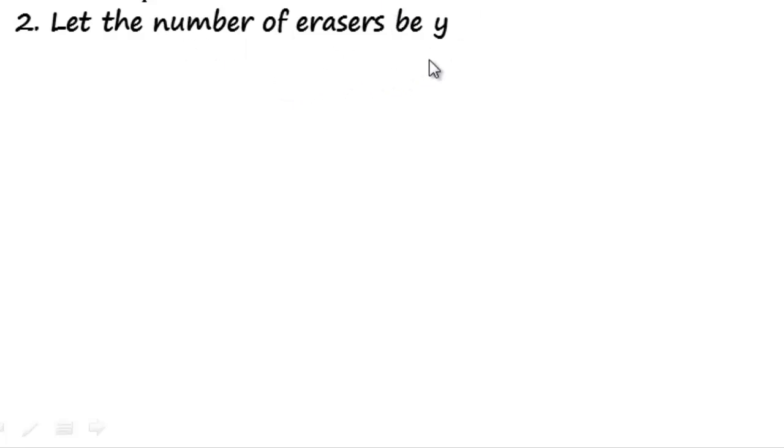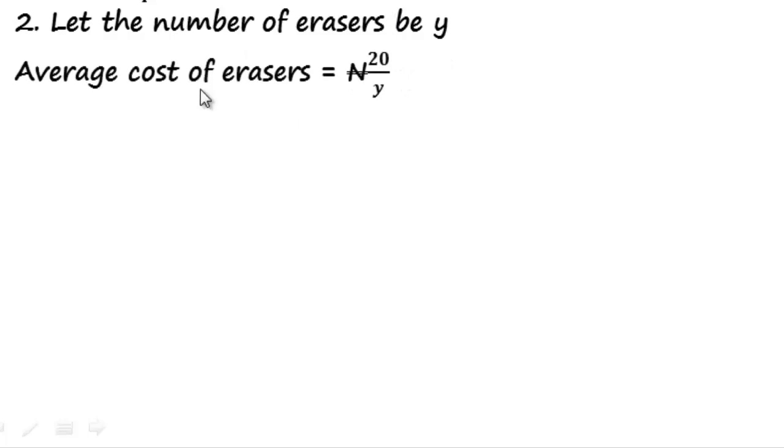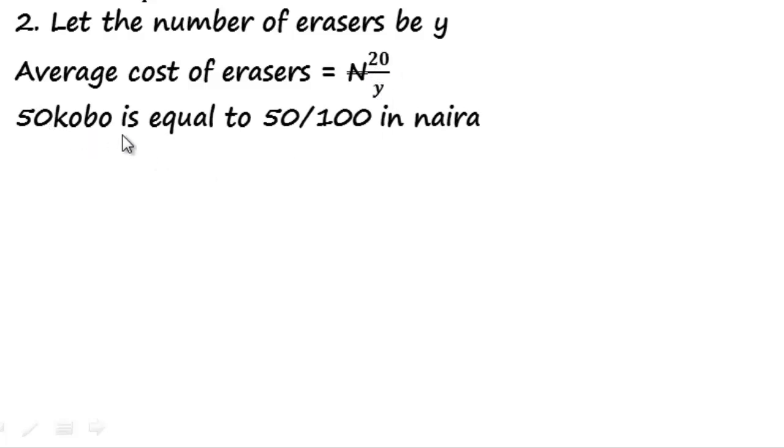So let the number be y, and the cost of that number of erasers is 20 naira, so the average cost is 20 divided by y. And you know that 50 kobo is equal to 50 divided by 100 in naira. Are you getting it now?